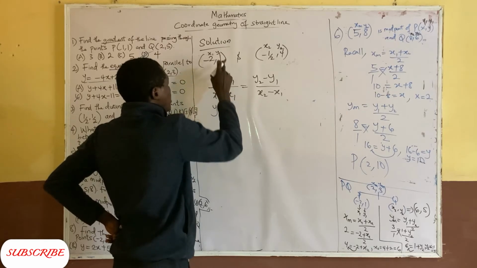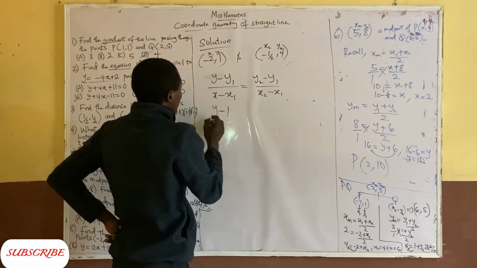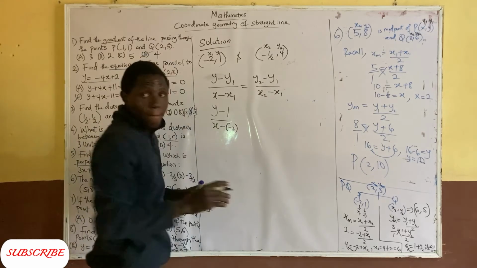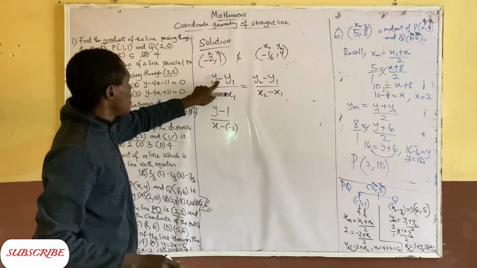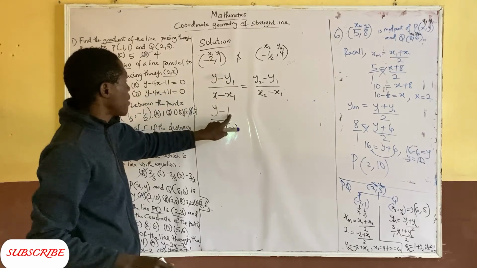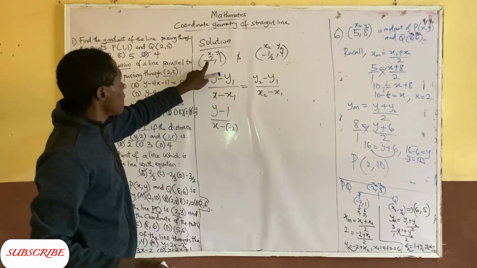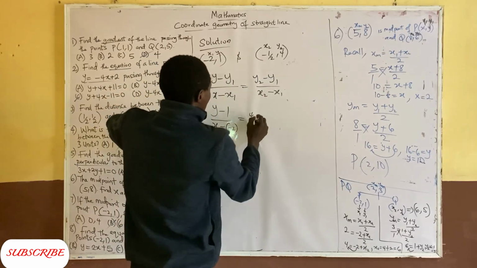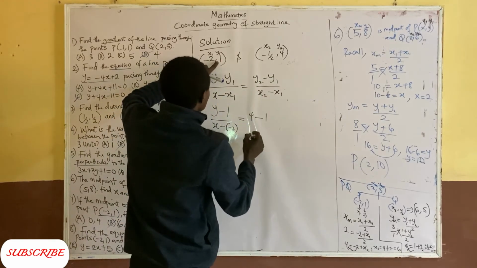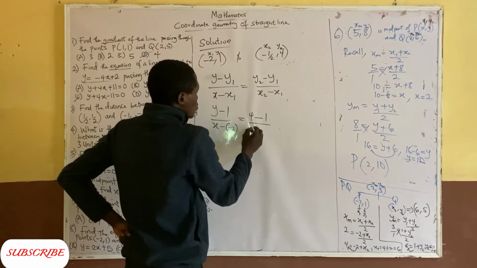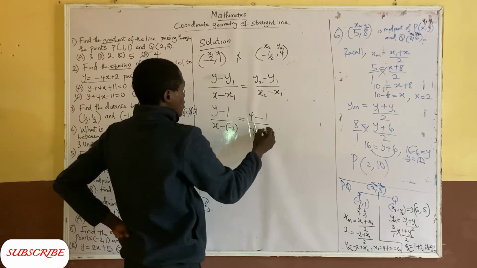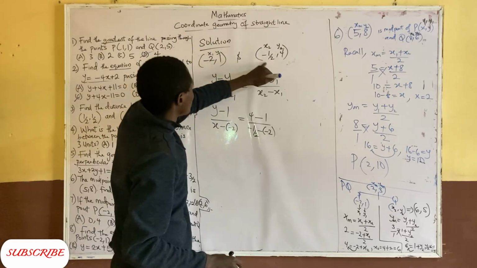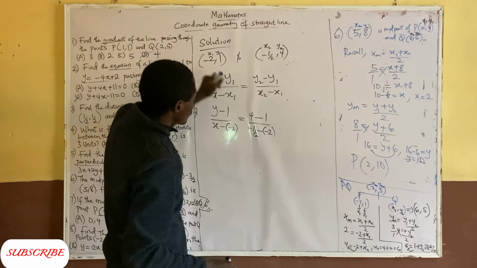Y minus y1, which is 1, so y minus 1 over x minus x1, which is minus 2, so x plus 2. This is equal to y2, which is 4, minus y1, which is 1, over x2, which is minus 1/2, minus x1, which is minus 2. Do you get that?